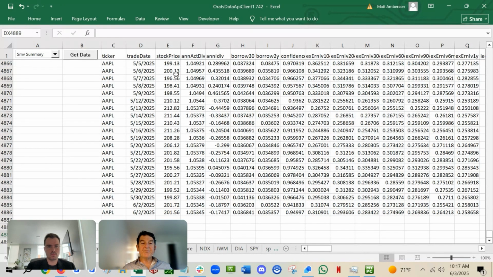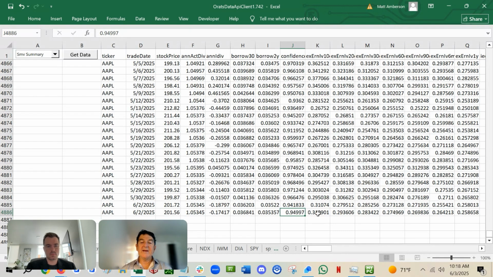What we show in summaries: trade date, stock price, the dividend information, the implied borrow rate. The implied borrow rate is basically the residual rate once you put in dividends and interest. Is there any kind of leftover amount? There's that confidence, so we do the average confidence.